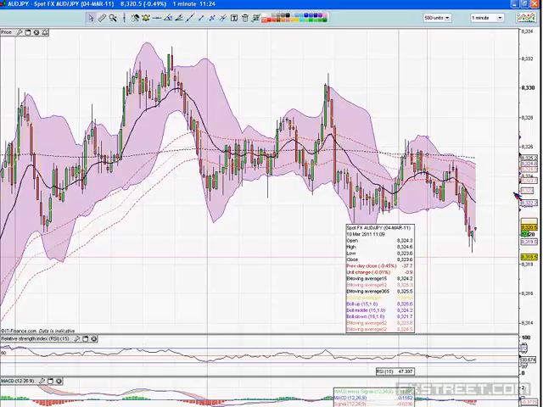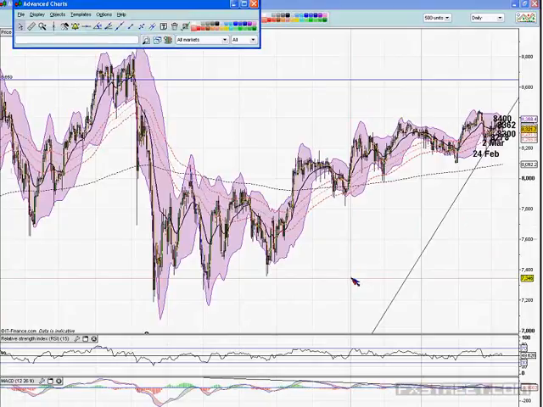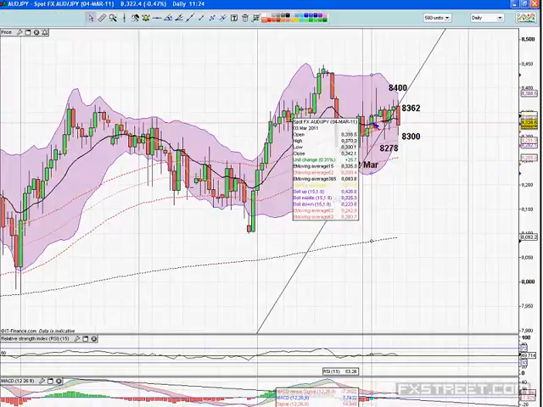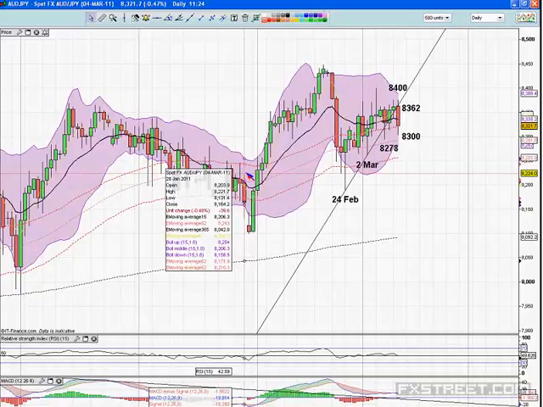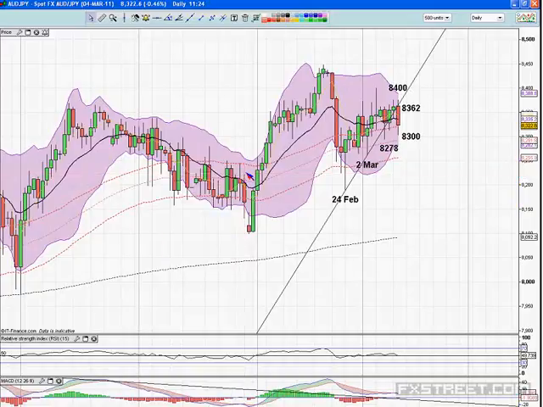The daily chart, how did you derive the horizontal lines? Okay, I will trade the 62 EMA.